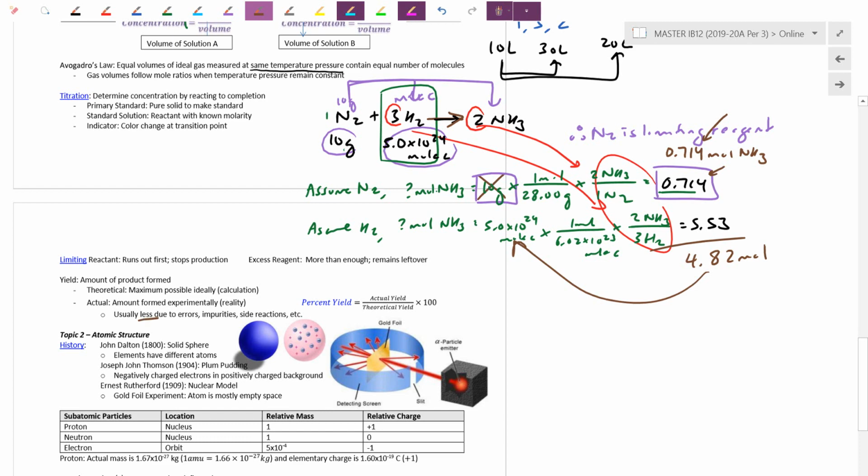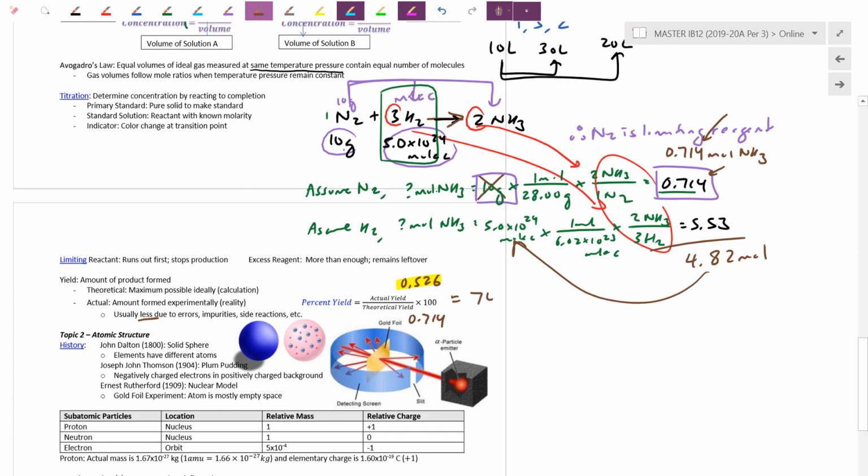So the theoretical yield here was by calculation. I should have gotten 0.714 in my question. Maybe I was told, oh, I only got 0.526. That number had to be given to me. I can't, based on your skills as a chemist, actually calculate what that number would have been. And I basically scale it up by 100, taking those numbers, 0.526 divided by 0.714, gives me a decimal times 100.